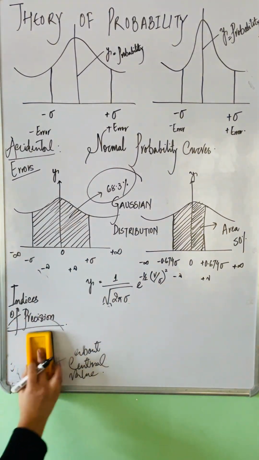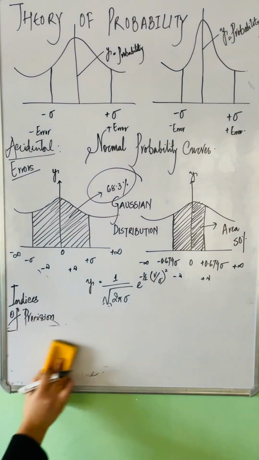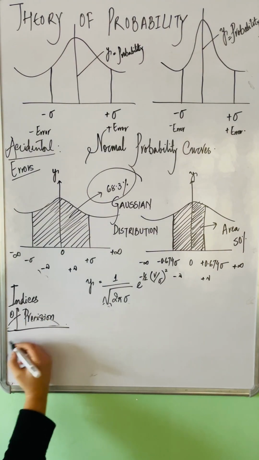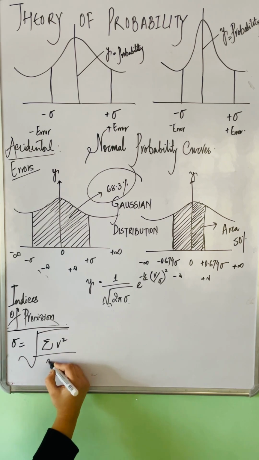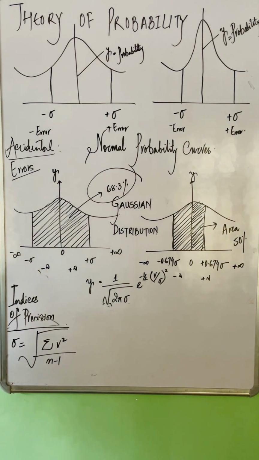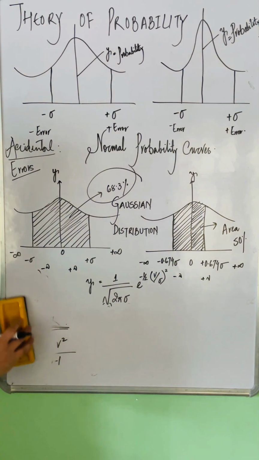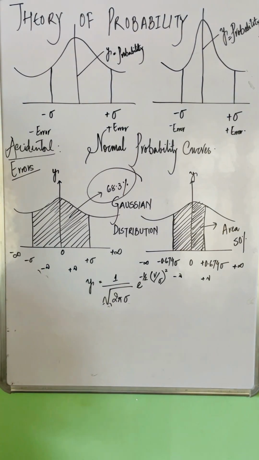As already told, sigma is the square root of summation of p squared divided by n minus 1, where p is our residual or variation and n is the number of measurements. Let's study the second index of precision: variance.